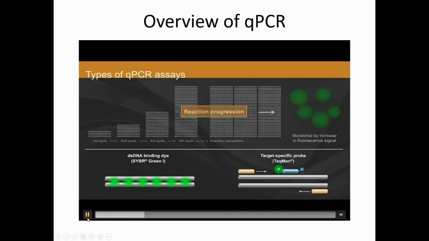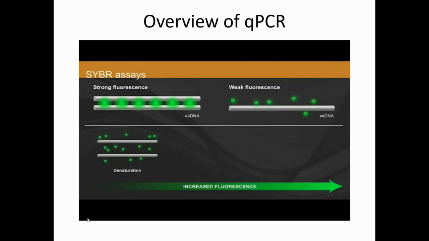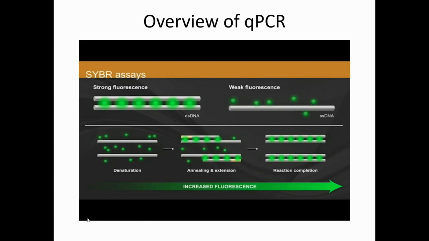In SYBR assays, the dye fluoresces when bound to double-stranded DNA, but displays weak fluorescence in the presence of single-stranded DNA. This results in an increased fluorescent signal as the reaction progresses and double-stranded DNA is formed.